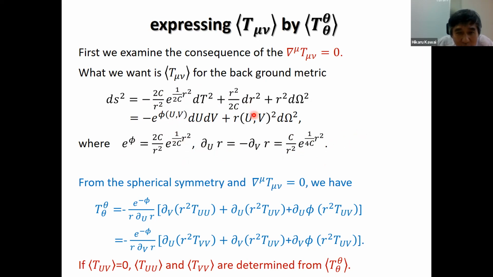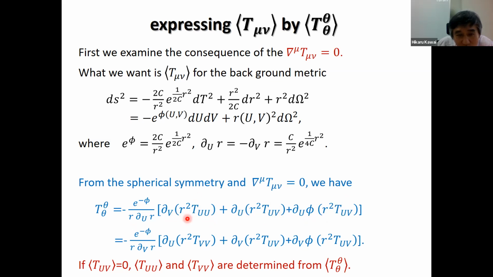Then in this coordinate, the energy momentum conservation can be written in this way. Here T theta theta appears with r, the derivative with respect to u of r, and the exponential of minus phi. And we have T_UU, T_UV, and T_VV. But we set T_UV to 0 for simplicity.